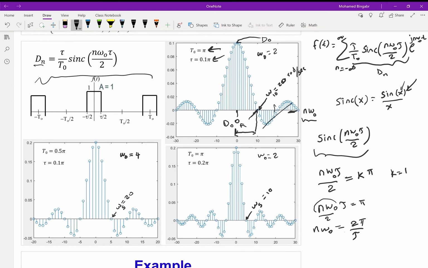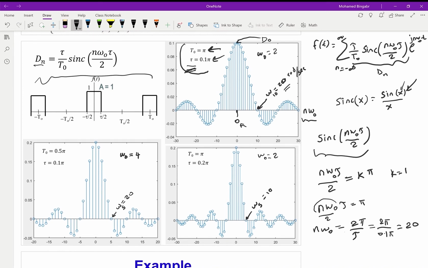For this case here, the first case, if we chose tau to be 0.1 pi, then that will be 2 pi over 0.1 pi, and this is 20. So our first 0 will happen here, at 20 radians per second.